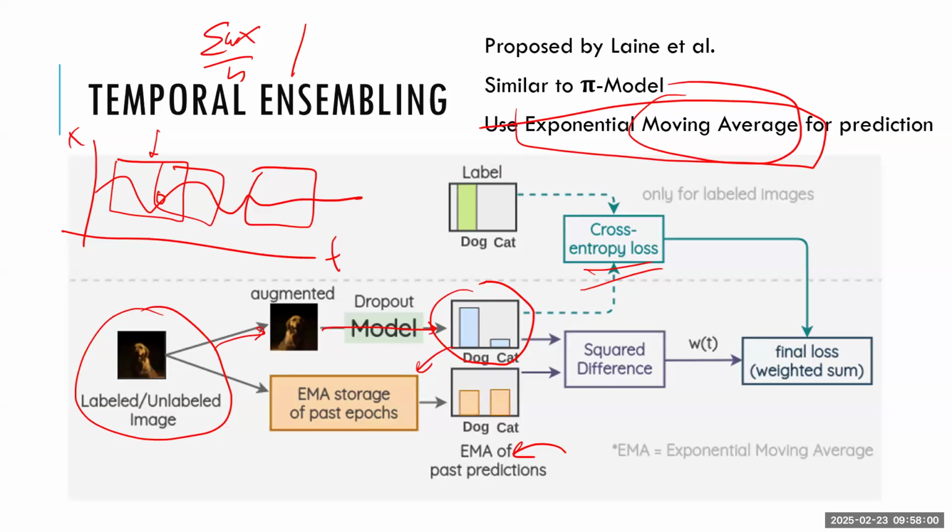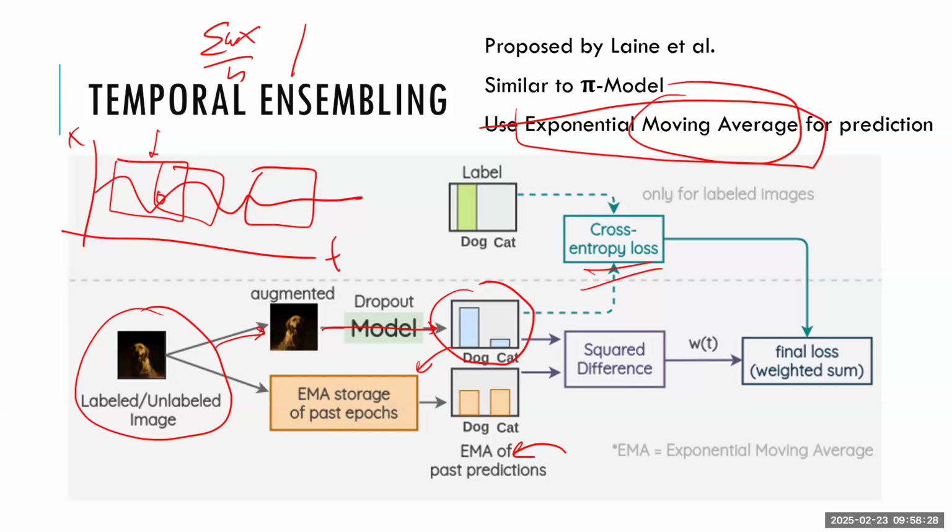So this has a sense of evolution across iterations. We don't just look at the current iteration; the prediction should not change too much.